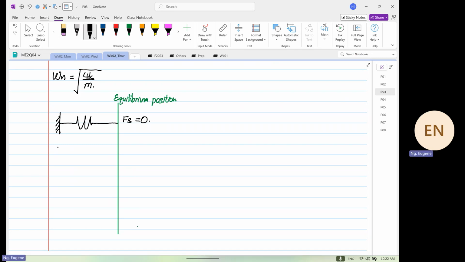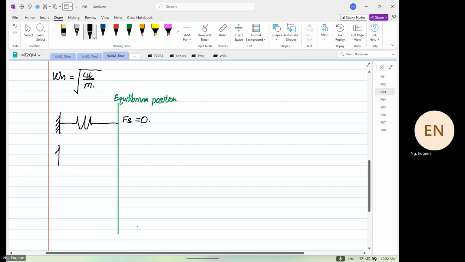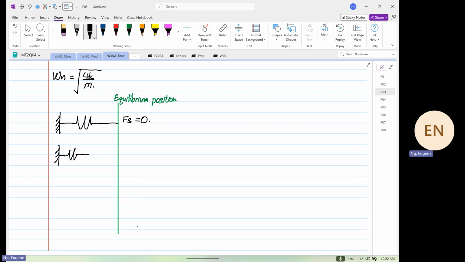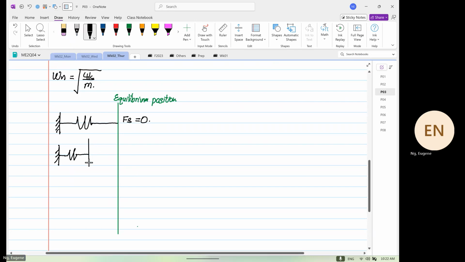Now, in the next stage, the spring has been moved to a position, and this position I will call L minus x1, where the distance from here to here is L, and the distance from here to here is my x1.